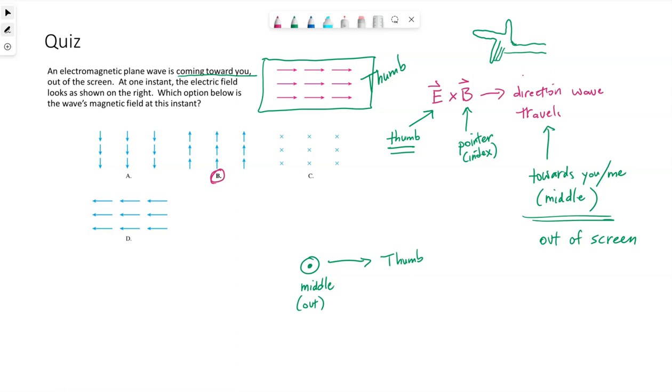If I'm holding my thumb, index finger, and middle finger perpendicular to each other, then my pointer finger, my index finger, points this way.